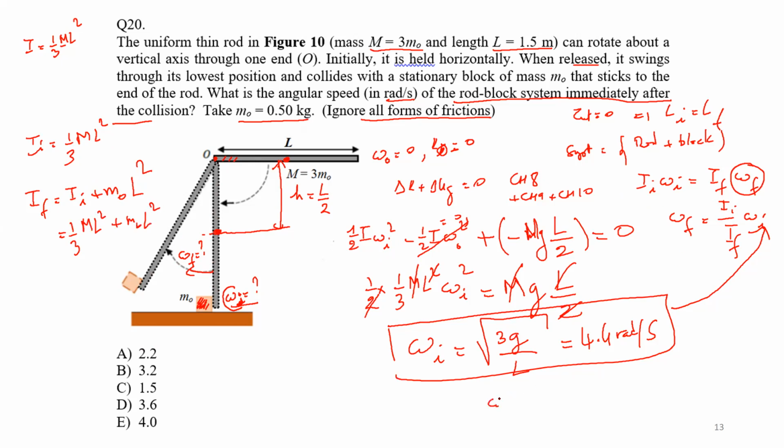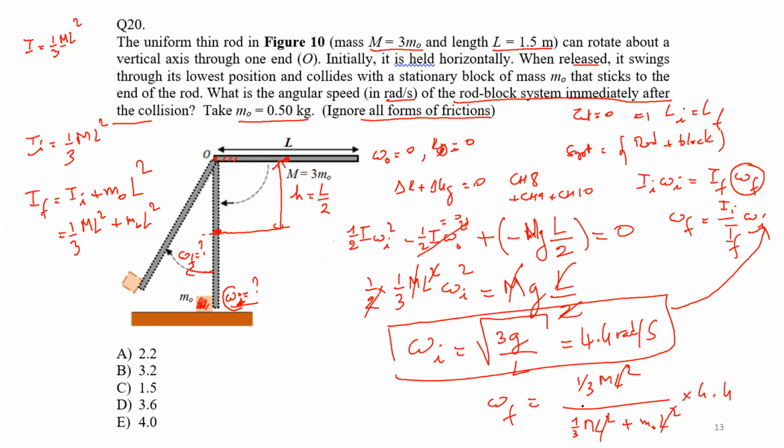So my omega final will be I initial, 1/3 of ML square, divided by 1/3 of ML square plus m L square. You see the L square will go away anyway. Multiply by omega initial, and omega initial is just 4.4.